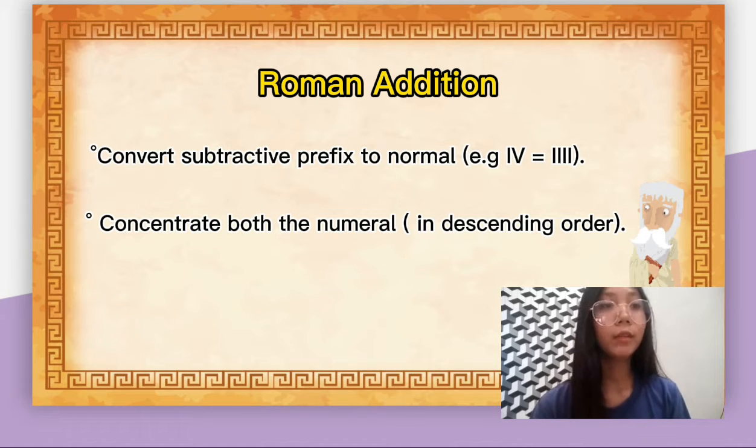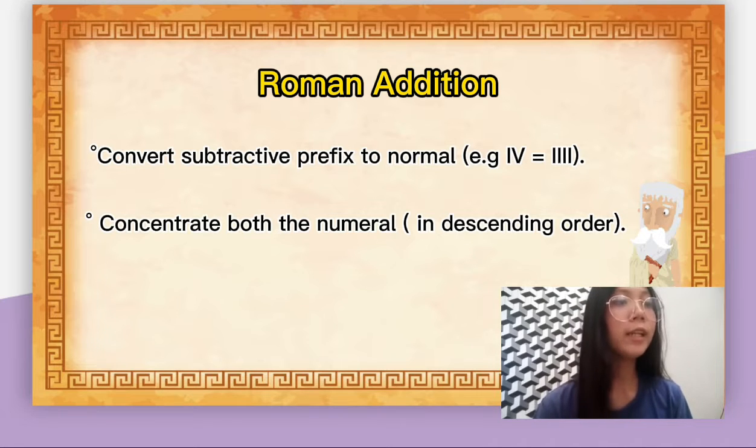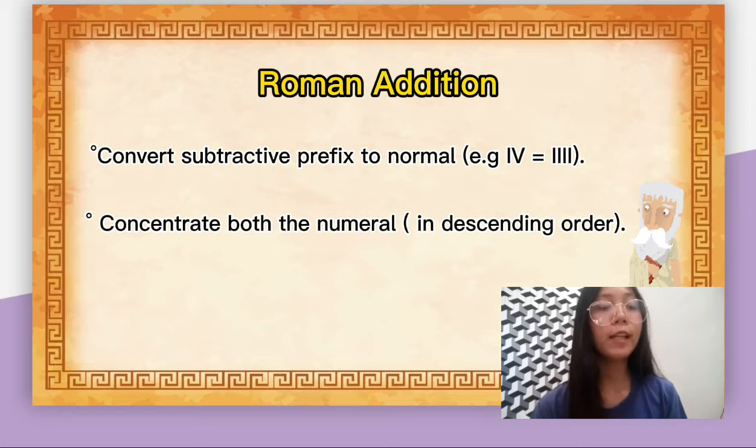Instead, you are going to write I and V. So the final answer should be in subtractive prefix if required. The final answer should not have V and 4I; convert it to IX.